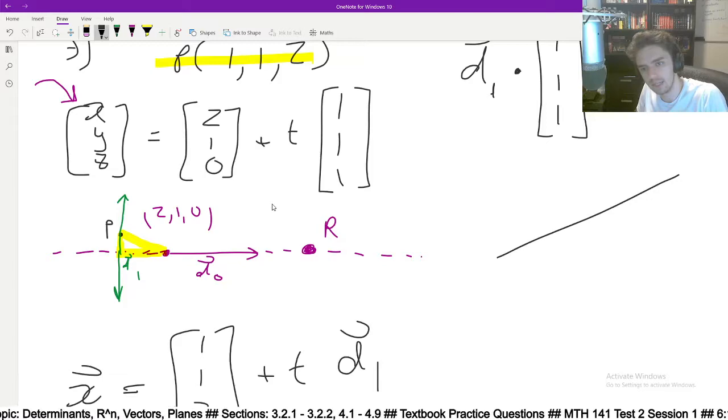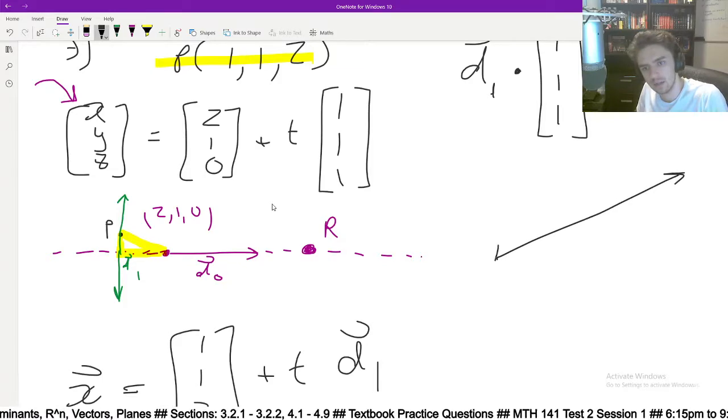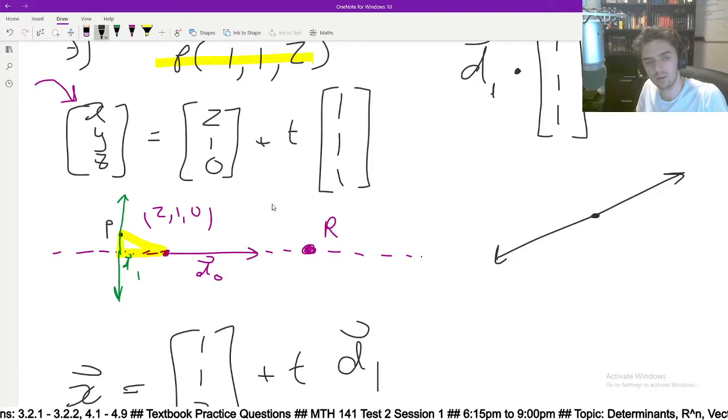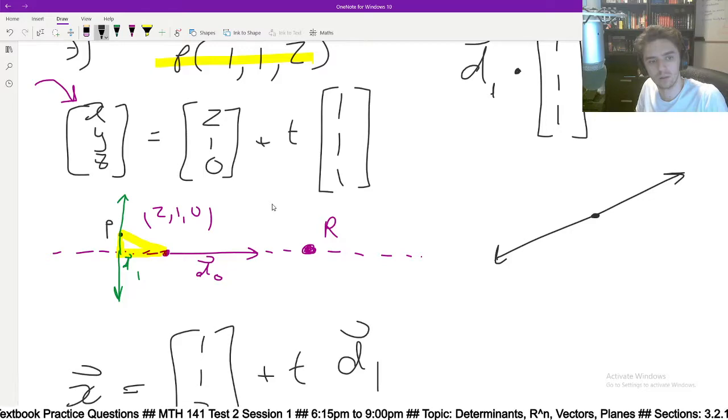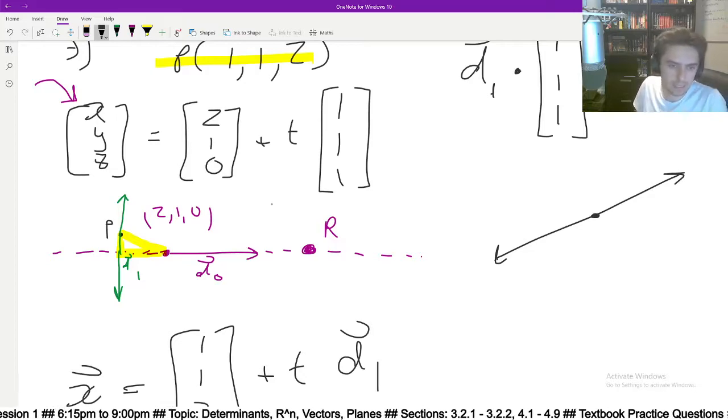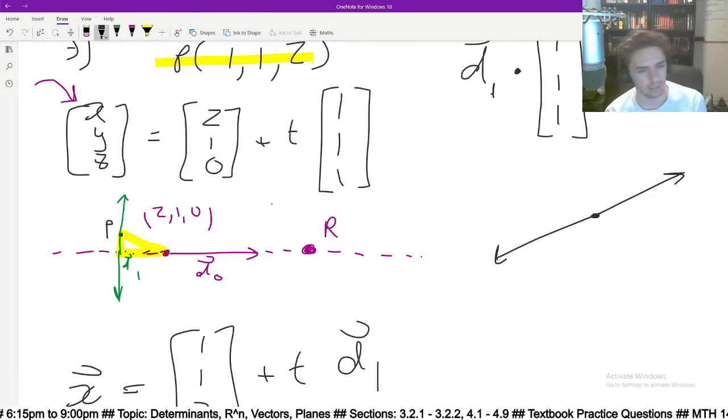Because if you have a line, it starts at point P. I'm thinking perpendicular, yeah.